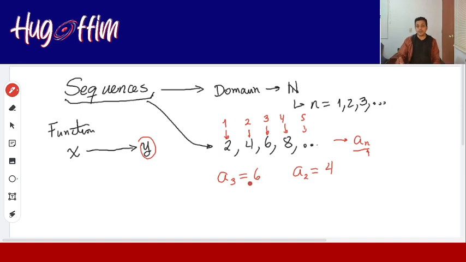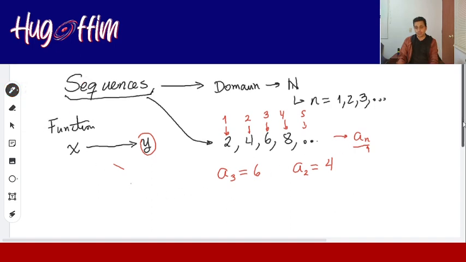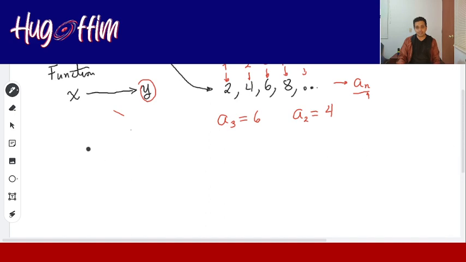From here, something appears that is called the recursive formula for sequences. What does the recursive formula mean? It is when you can get one term of the sequence if you know the term that is behind it. If you know the previous term, you can calculate the new term.